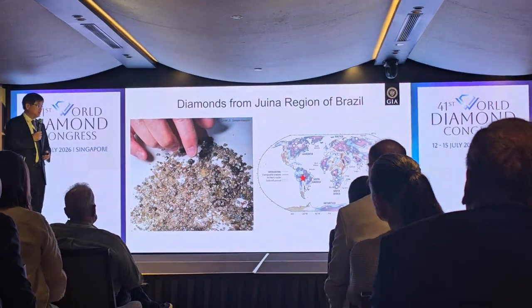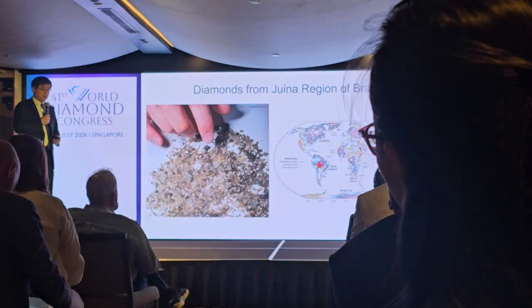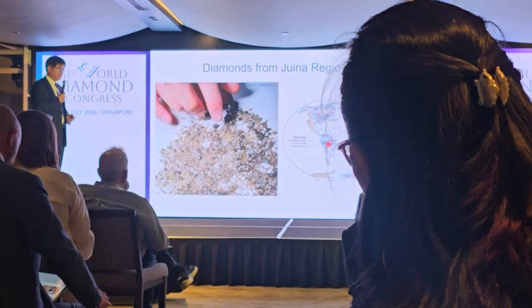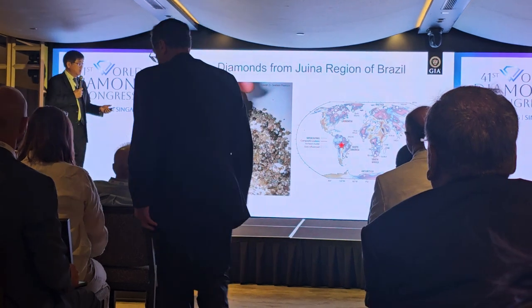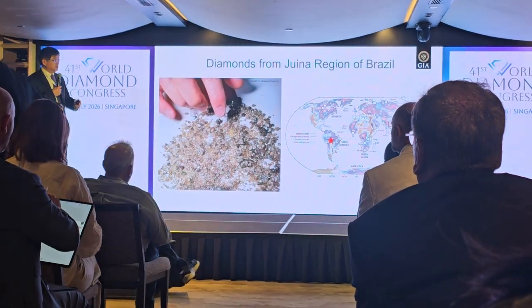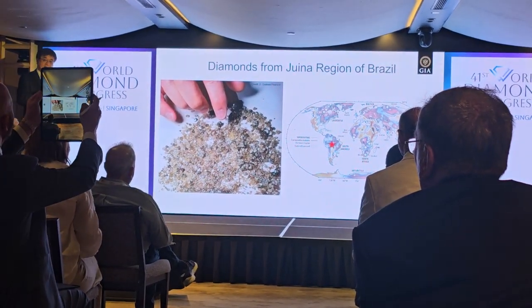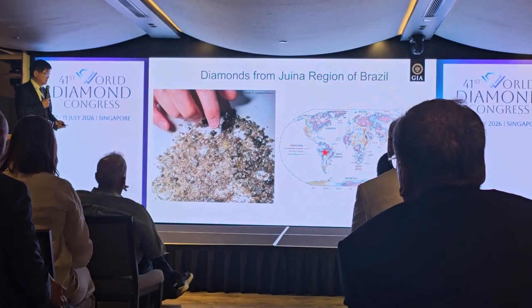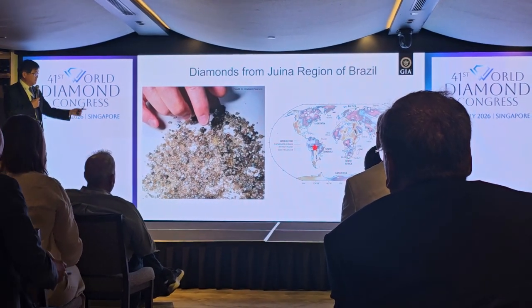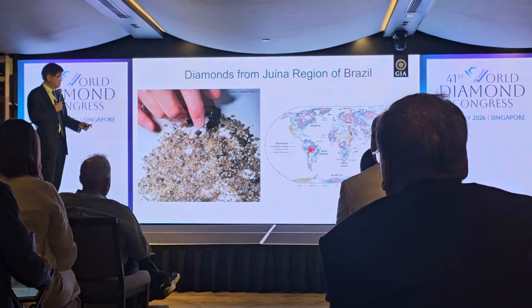In the 1990s, a group of scientists in Scotland studied diamond from Brazil, a mine called Juina, and they found perovskite and all the lower mantle mineral inclusions. These diamonds are very small, poor quality, industrial quality.